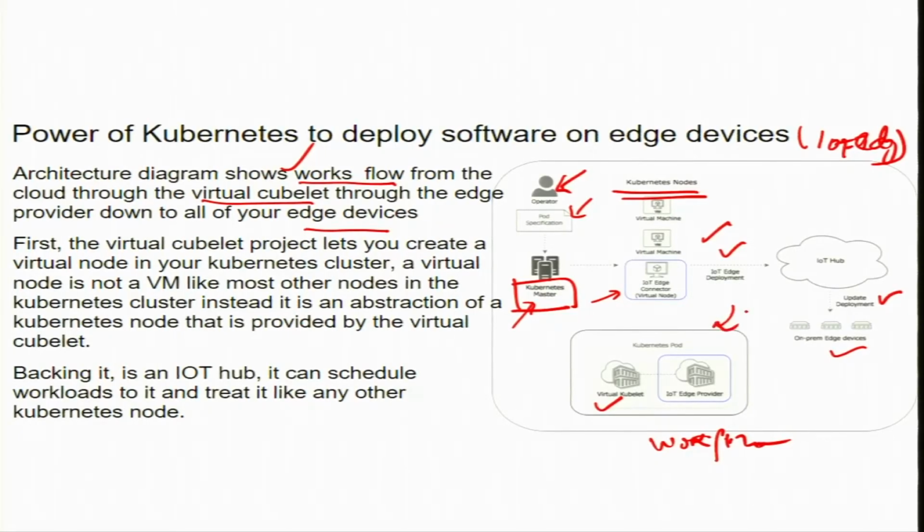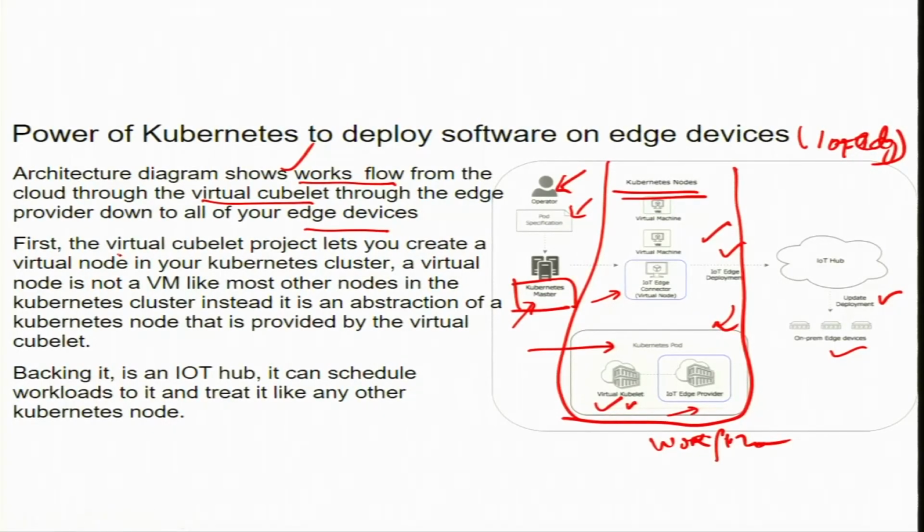Now, these Kubernetes nodes will run the pods in the nodes that we have seen in the previous diagram. That pod is called a Kubernetes pod. The Kubernetes pod will have the virtual kubelet, and this virtual kubelet in turn will manage that pod inside Kubernetes, and the IoT Edge provider will now be using this orchestrator called the Kubernetes master.